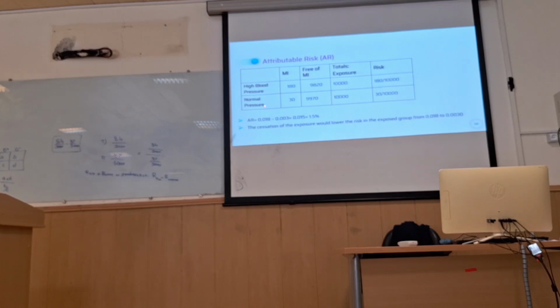Right now, you can calculate risk difference or attributable risk. You should calculate risk in the exposed group and risk in the unexposed group. After that, you should subtract risk in unexposed from risk in exposed. 1.5.